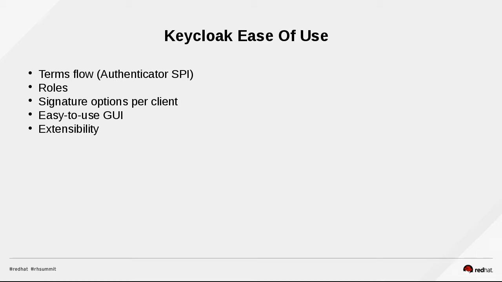Roles, signatures. In Keycloak, you have a lot of options where you can push what kind of role you want to send or what kind of signatures you want to send with a specific application, specific service provider. You don't have to write custom code to achieve that.